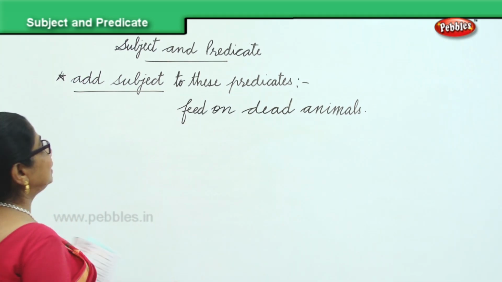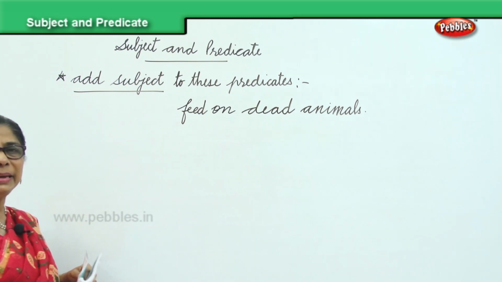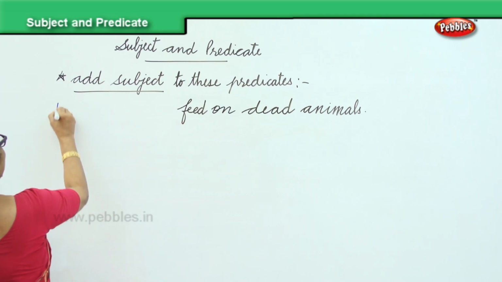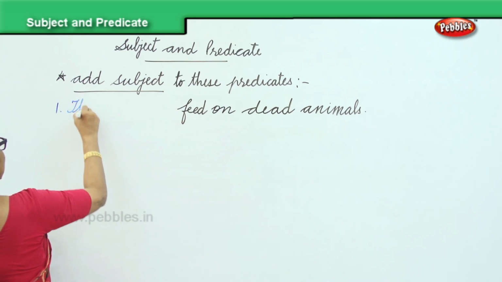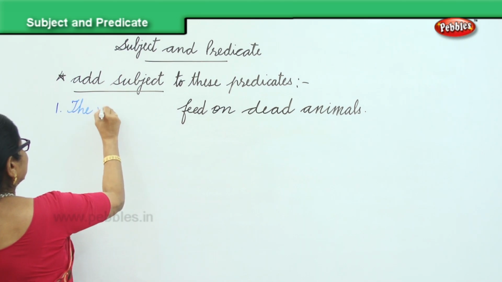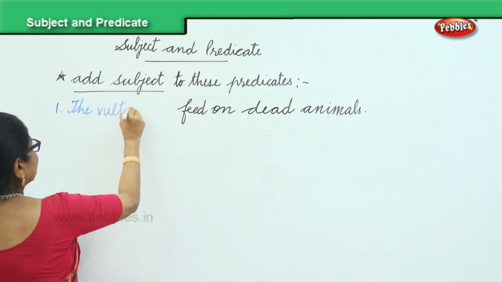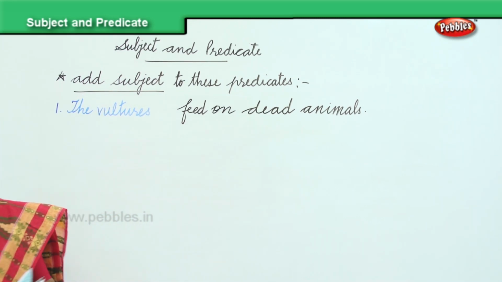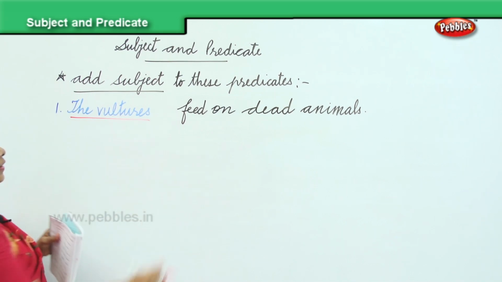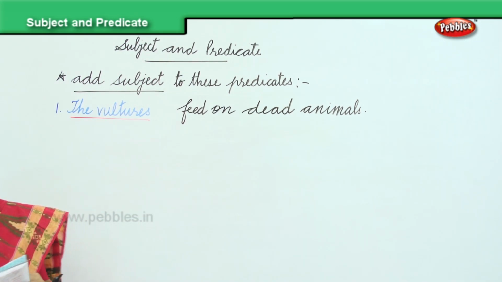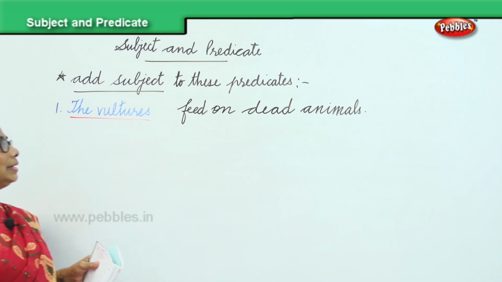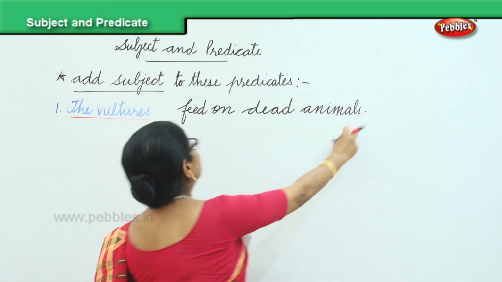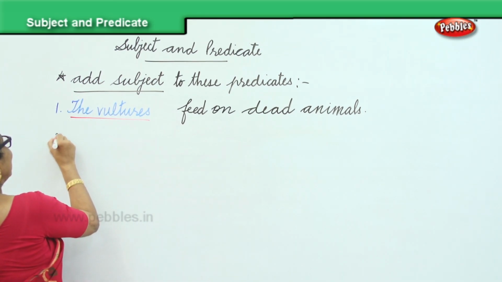So you can complete it by supplying vultures. The vultures feed on dead animals. Very good, so you got the subject. You completed the sentence. Full stop, capital letter. Okay. Next one.